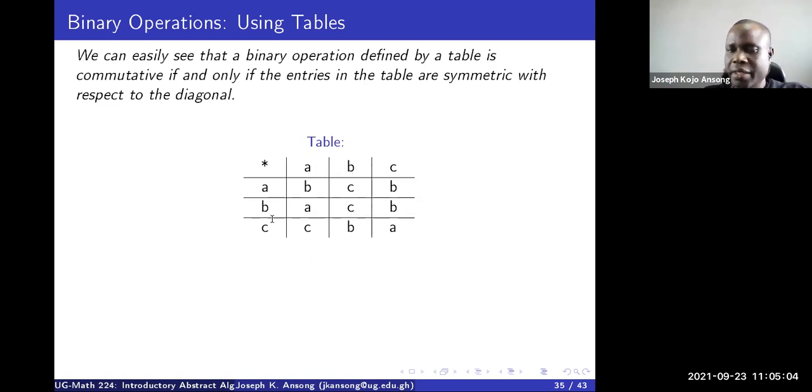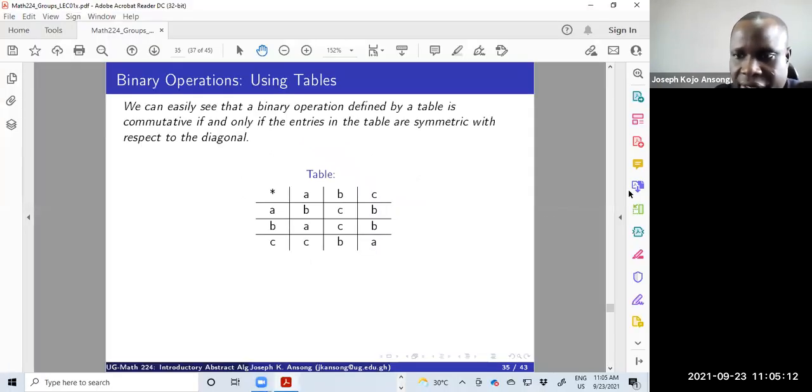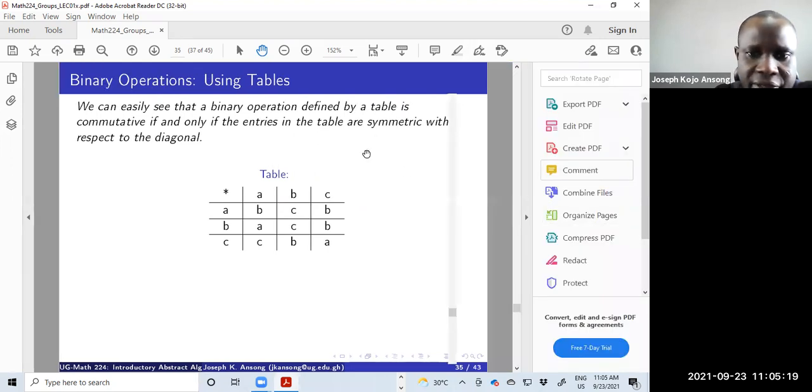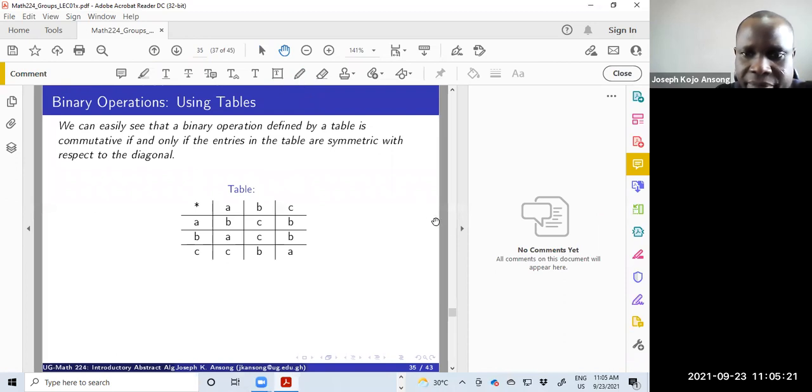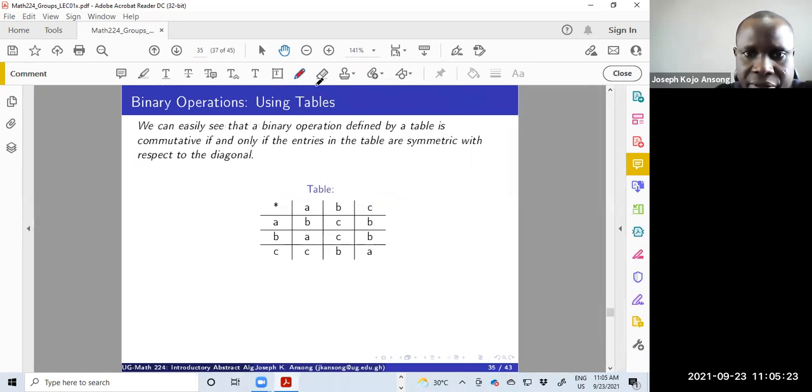Now, in this case, we can show that this operation here is not commutative. Why? We can easily do that here. Let me use the comment thing again. Why is it not commutative?